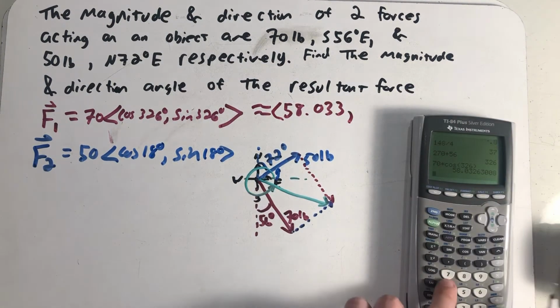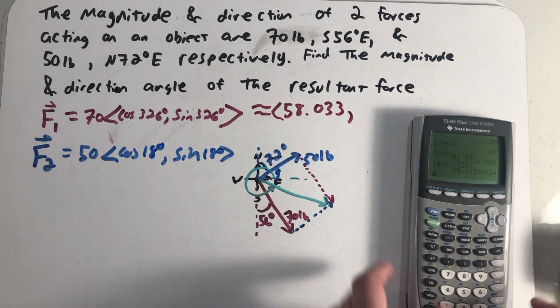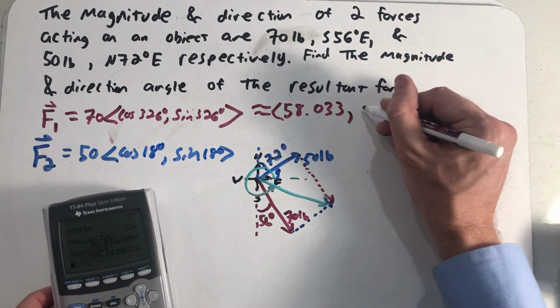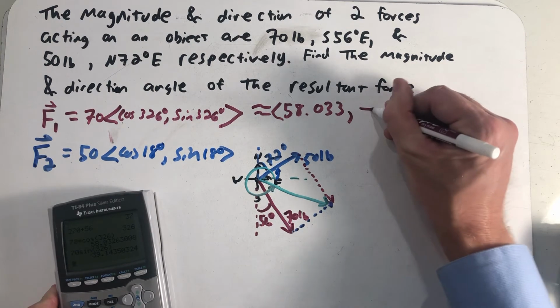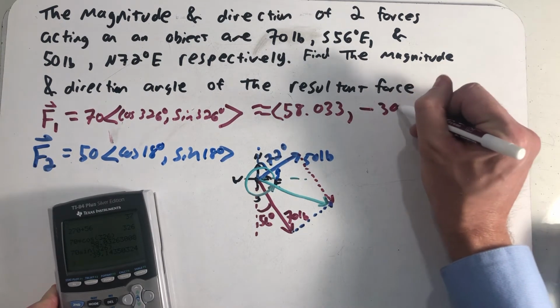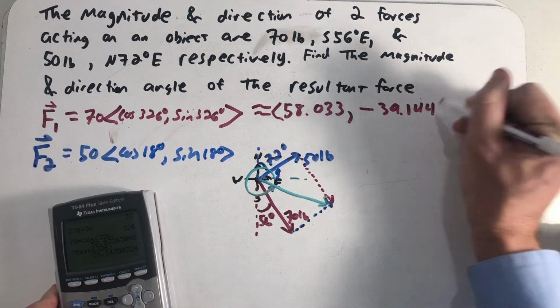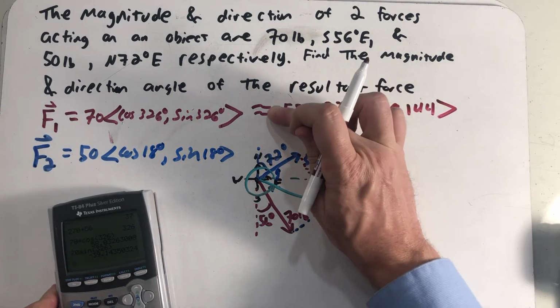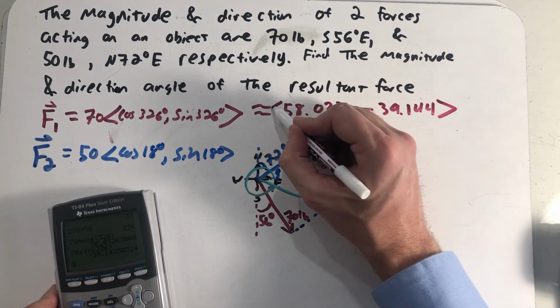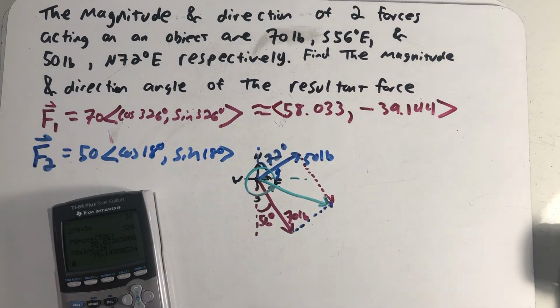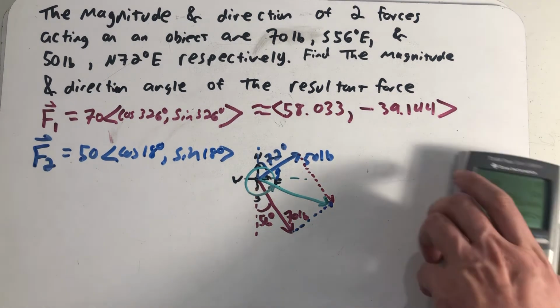And let's see, 70 times sine of 326, so minus 39.144. Now I'm carrying 3 decimal places here, and in the end I'm going to round just to 1 decimal place. I didn't write instructions for rounding here, so I'll let that be good enough.